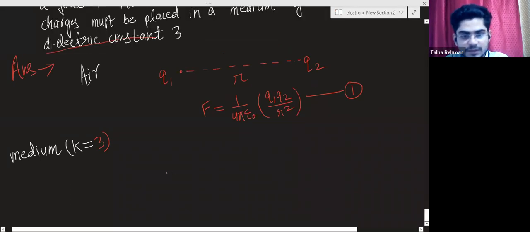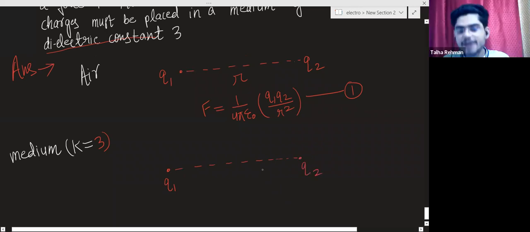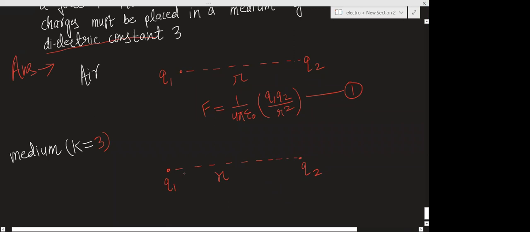Suppose this is charge Q1 and this is charge Q2. I don't know what the separation will be in this medium, so I suppose the separation is X. This is not N, this is X. I am supposing that in the medium the charges are separated by distance X.